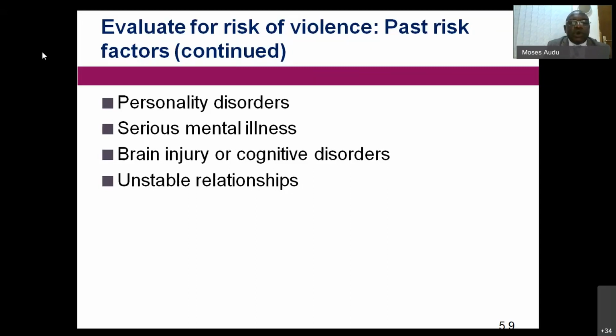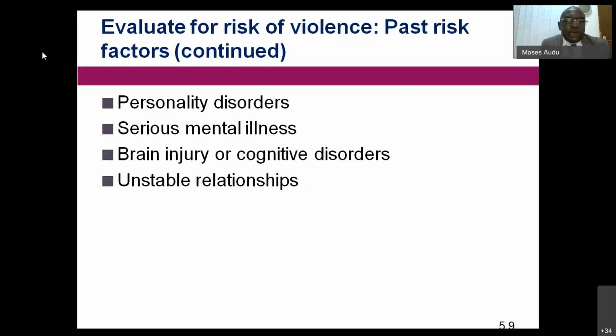And then brain injury or cognitive disorders. They might have a brain injury, might have been violent, and may not even recall that they have ever had a violent episode in the past because they are failing cognitively. So you should know and be able to take precautions. And then unstable relationships.